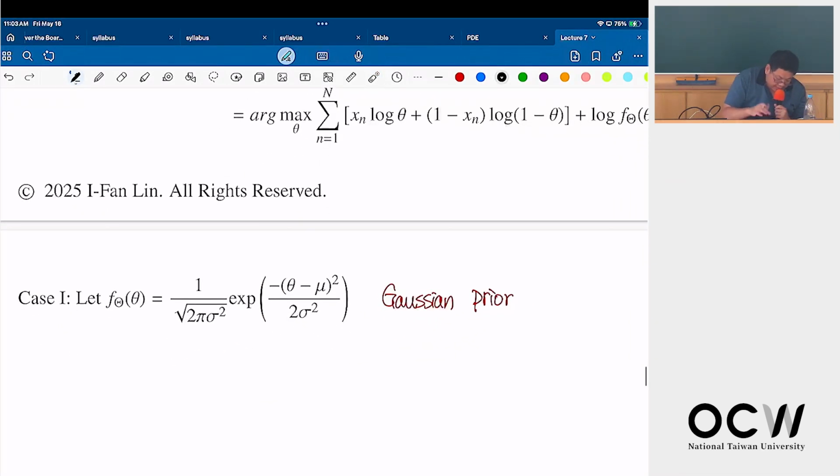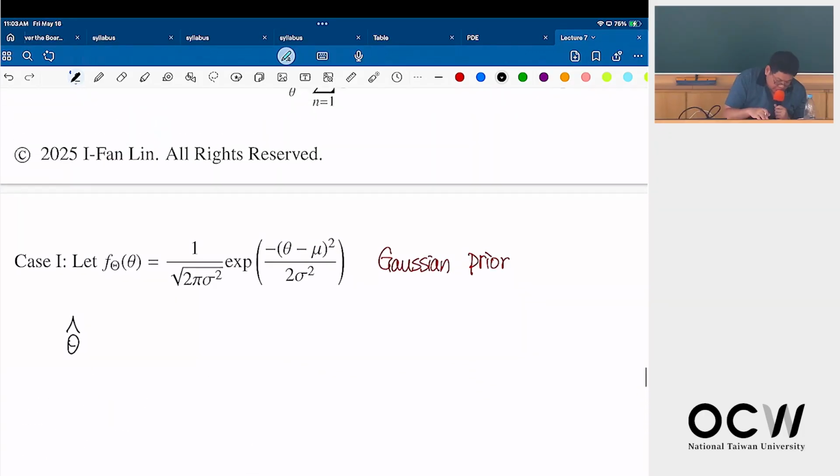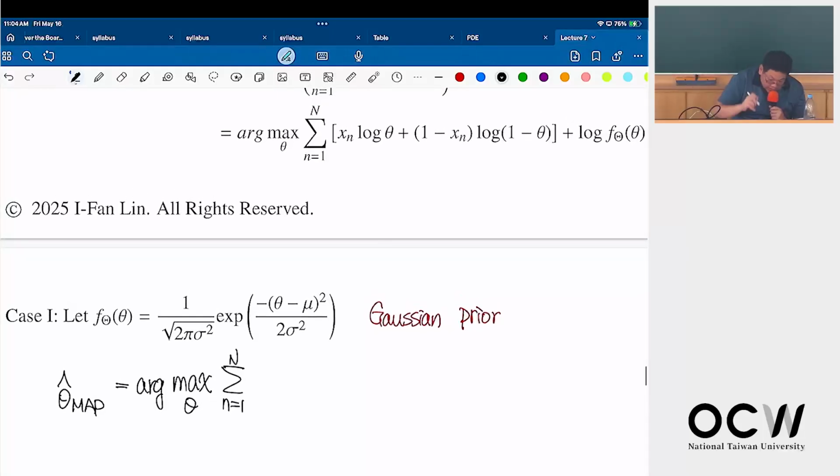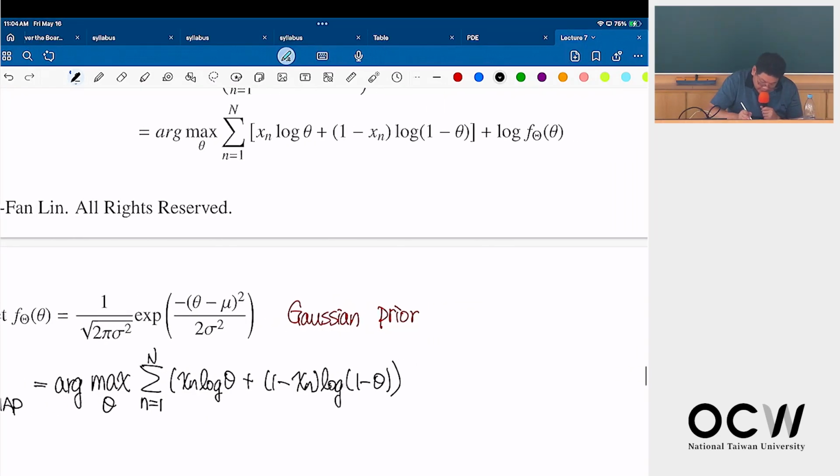So the MAP becomes still the same thing here: x_n log theta plus (1 minus x_n) log (1 minus theta), and minus (theta minus mu) squared divided by 2 sigma squared.